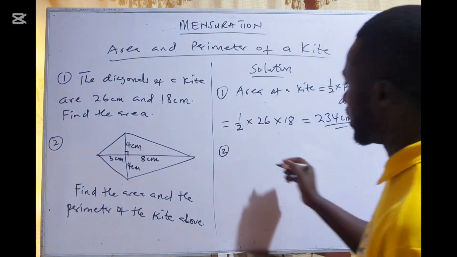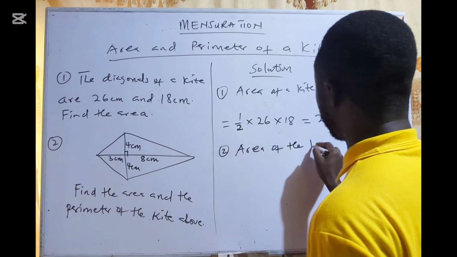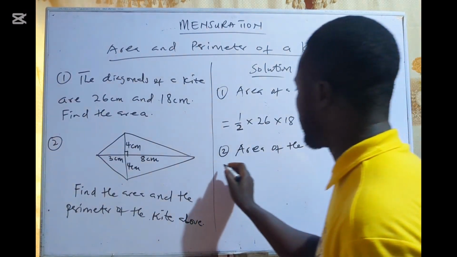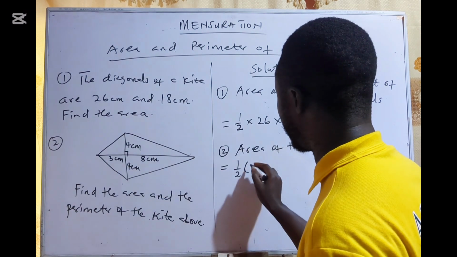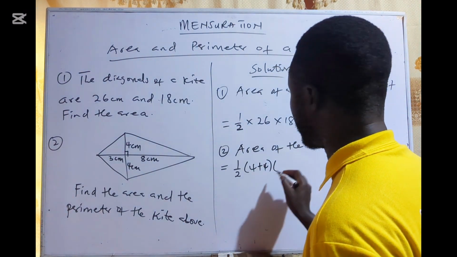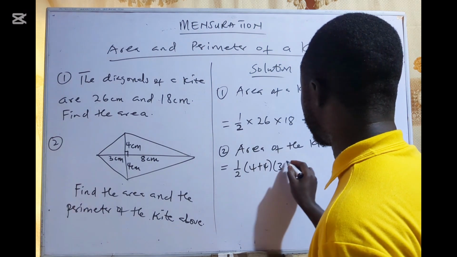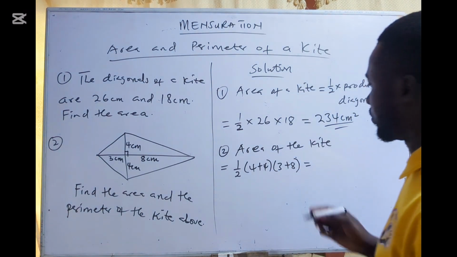So then we can say that the area of the kite, it's a half times the product of the diagonals. So half times the product, 4 plus 4, multiplying 3 plus 8. I believe you get it.